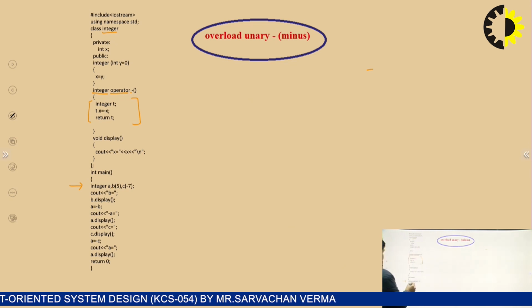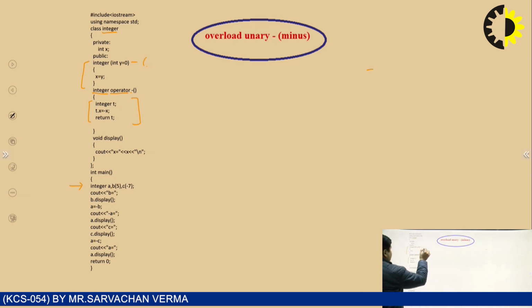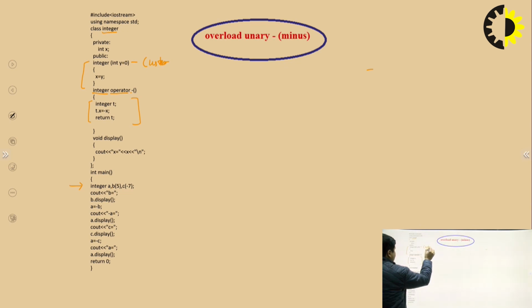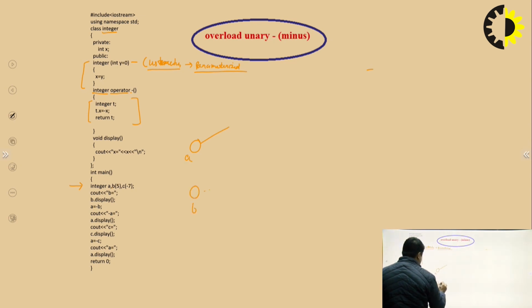Now, whenever this object is created, immediately the constructor is called. Which constructor is this? This is the parameterized constructor. As these objects are created, immediately the parameterized constructor will be called in the reference of object A and in the reference of object B.